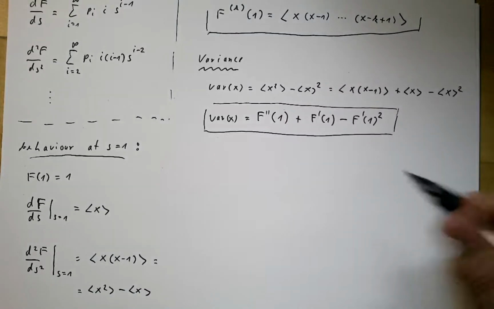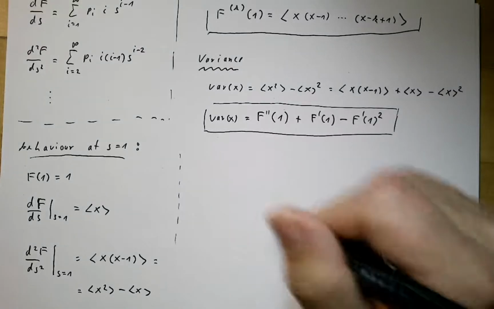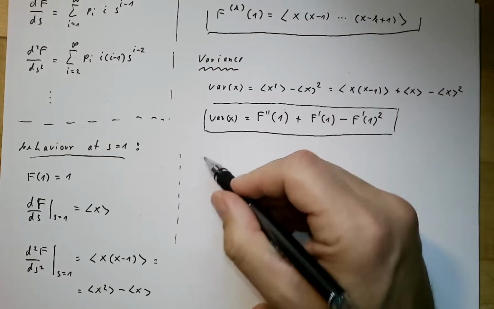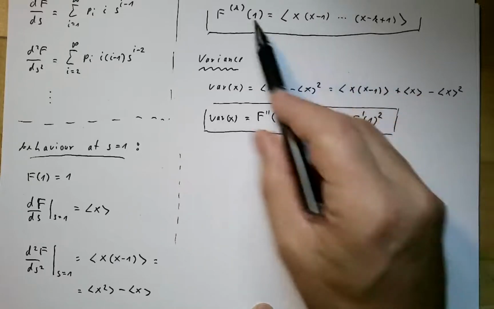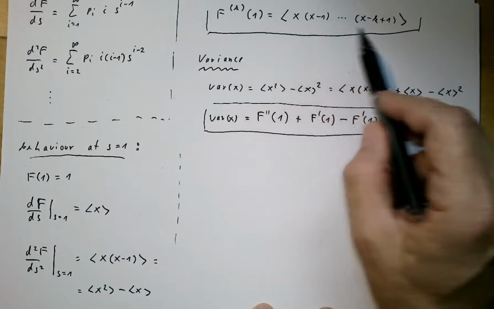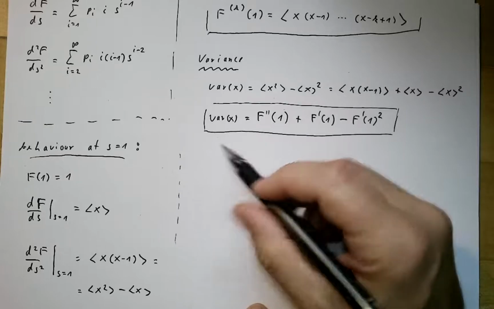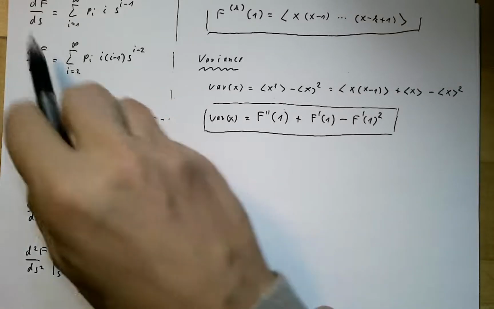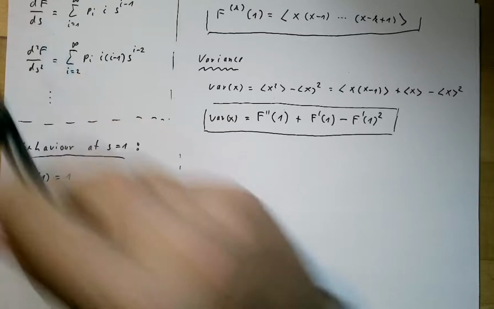So basically this would be enough, but maybe I give you just one last thing. Sometimes we want to have the moments directly, so when we take the higher derivative, we just get a combination of moments. How do we get the moments directly? We get this if we take not only the derivative but multiply by s.